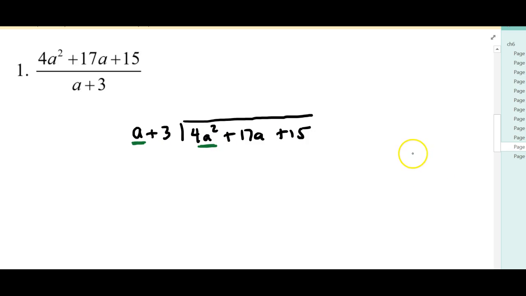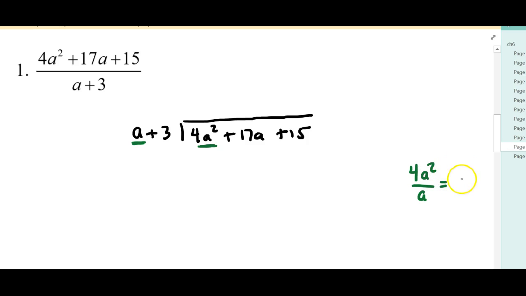It's just like dividing, just like here. You know, how many times does 5 go into 6? We said one time, one whole piece. So same idea, we want to know how many times does a divide into 4a squared? Well, just reduce that.